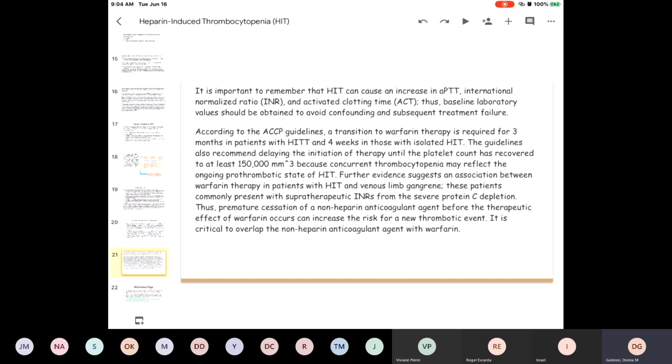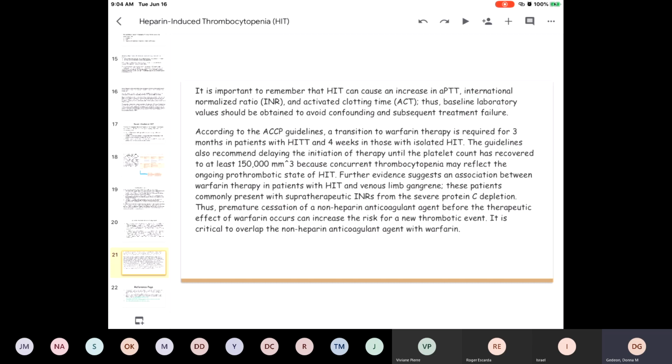Further evidence suggests an association between warfarin therapy in patients with HIT and venous limb gangrene. These patients commonly present with supratherapeutic INRs from severe protein C depletion.